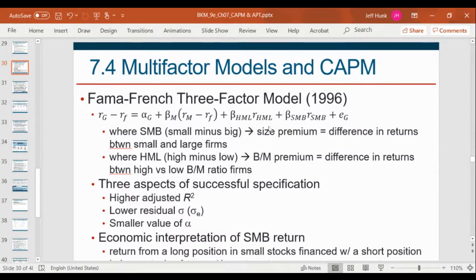They are premiums, kind of, like small firm size premium, or book value to market price premium, not the risk premium over the risk-free return, right?